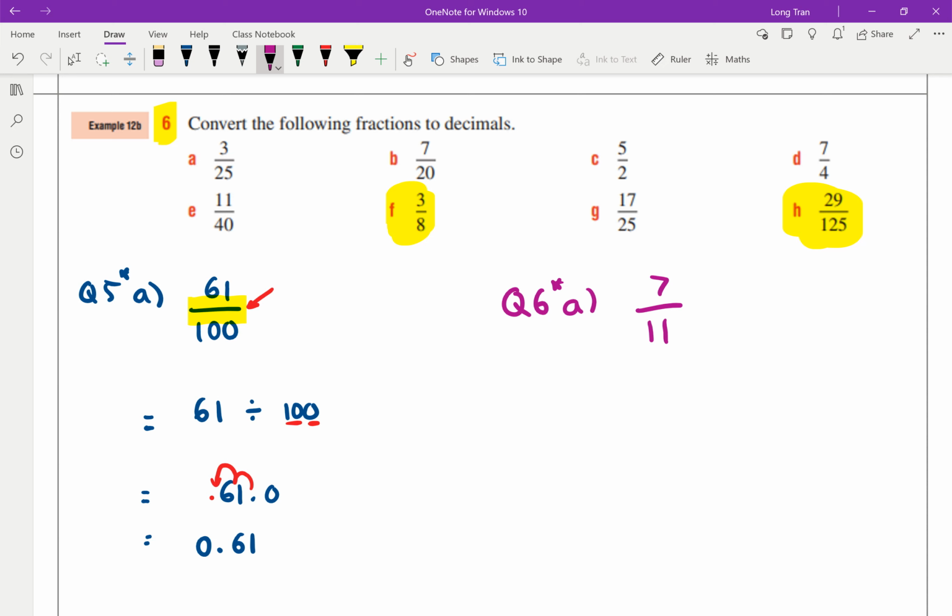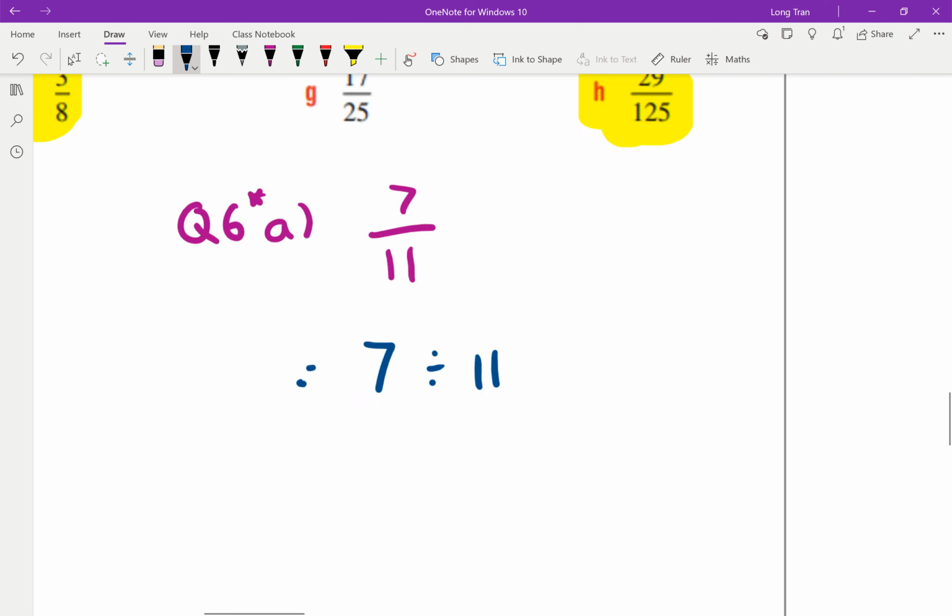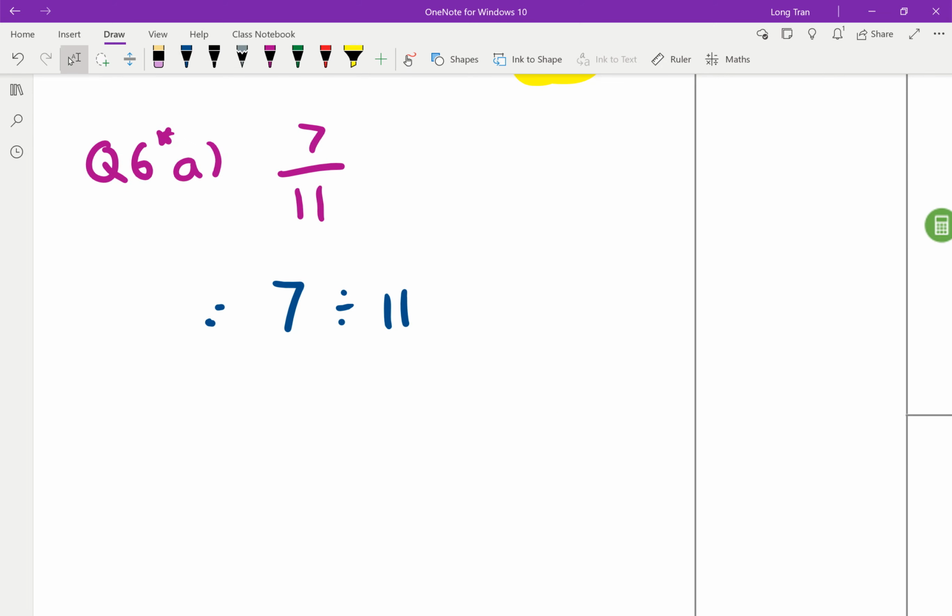If we follow the theory that I've just taught you, 7 over 11 means exactly what you're reading: 7 divide 11. Your job is to figure out how many 11ths fit into 7. If you can do that, you can change it to decimals.